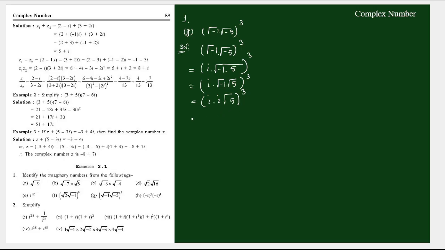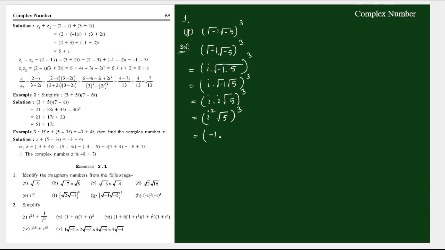Then i into i is nothing but i square, then root 5 whole cube. Now i square is nothing but -1.